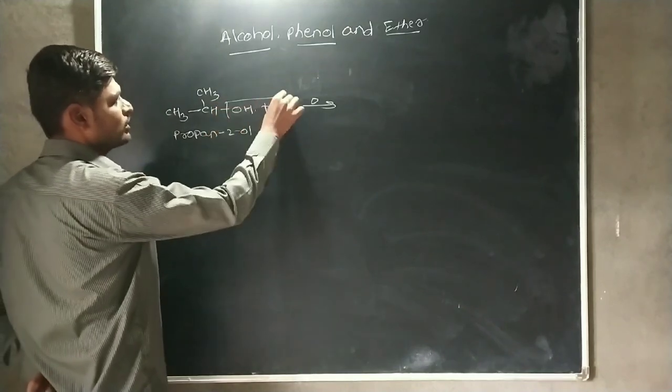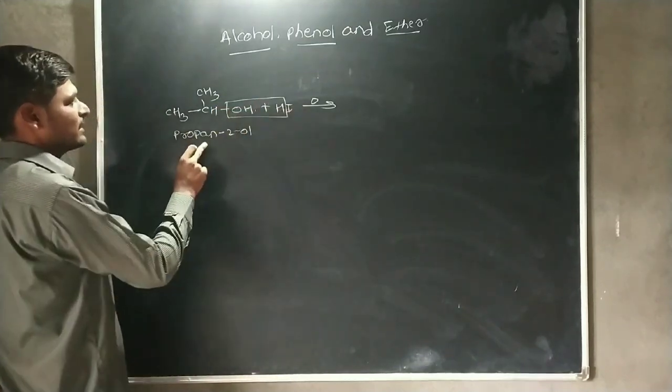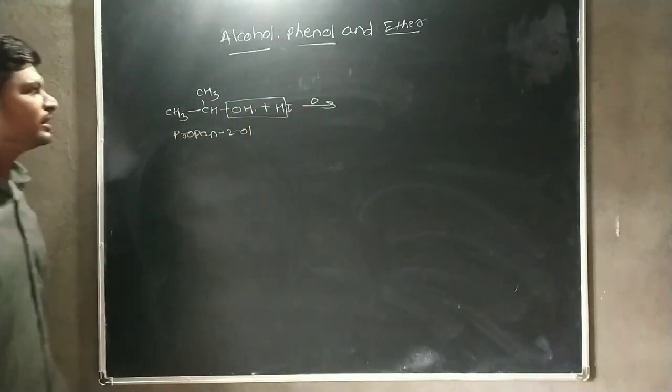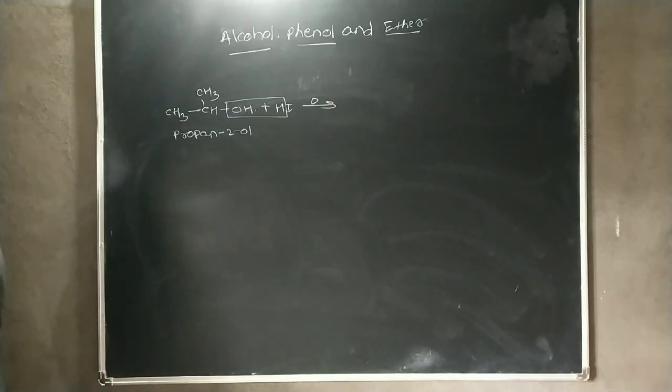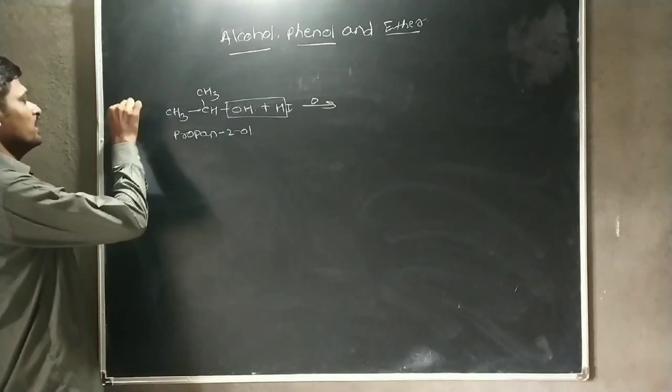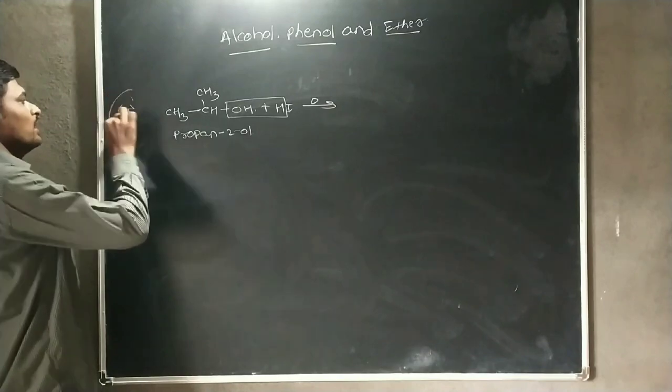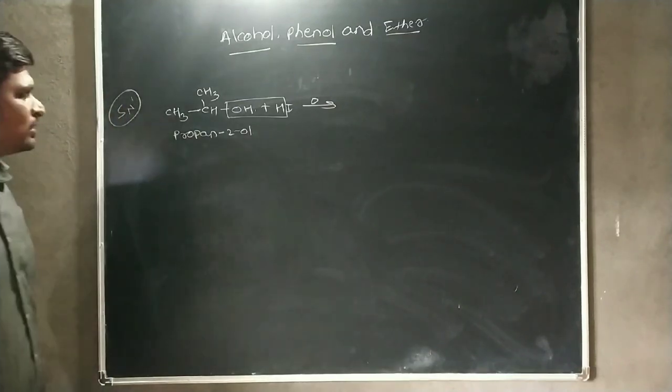Then one water molecule should be eliminated. This is a secondary alcohol. When a secondary alcohol is heated with HI, the reaction mechanism is carried out on the basis of the SN1 reaction.